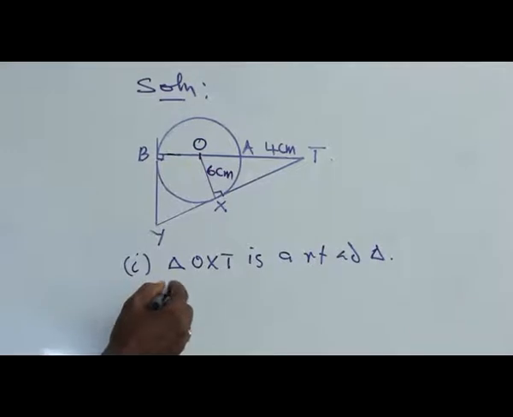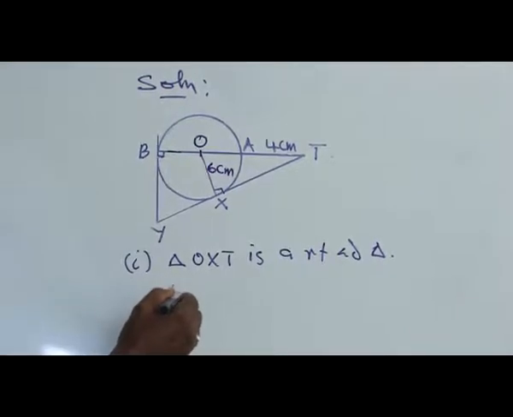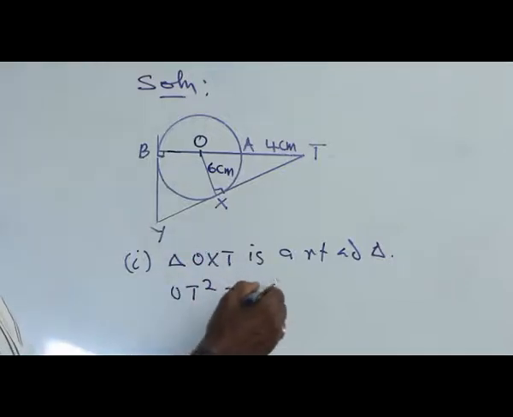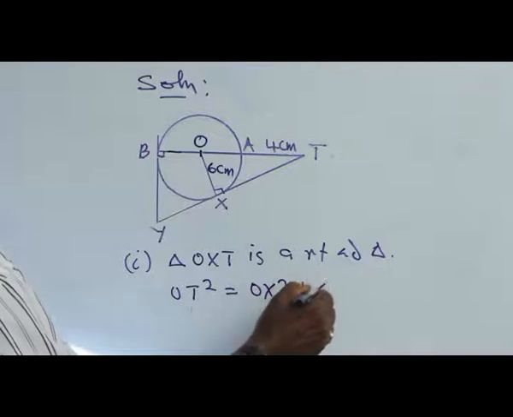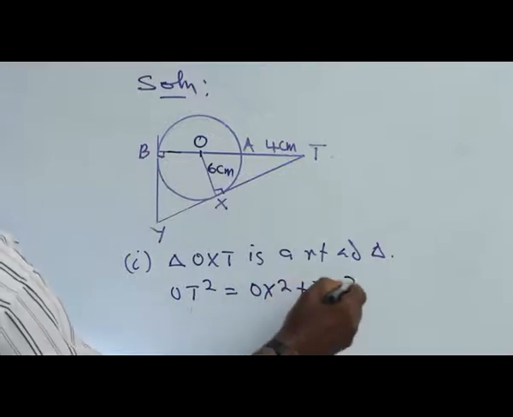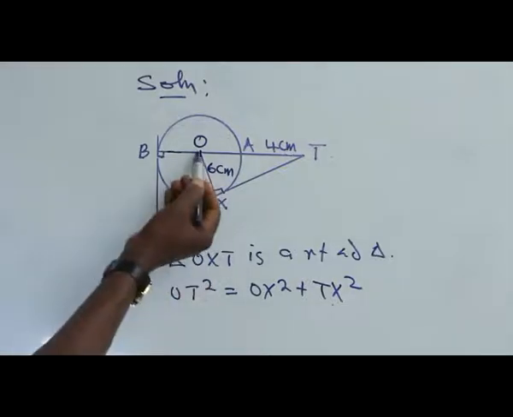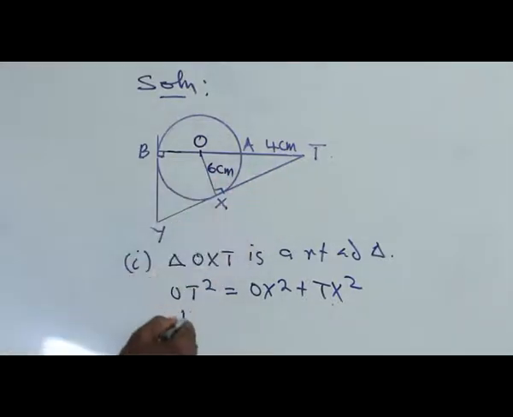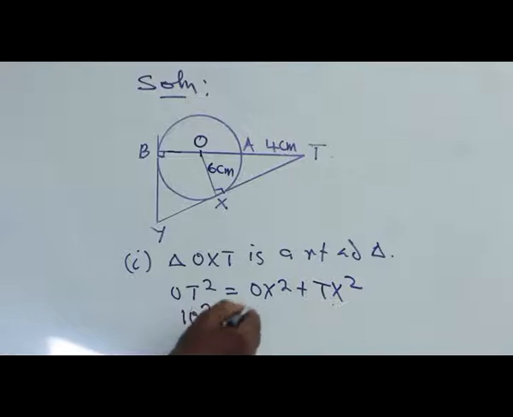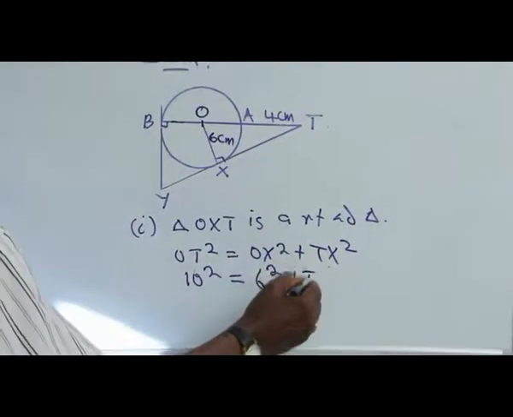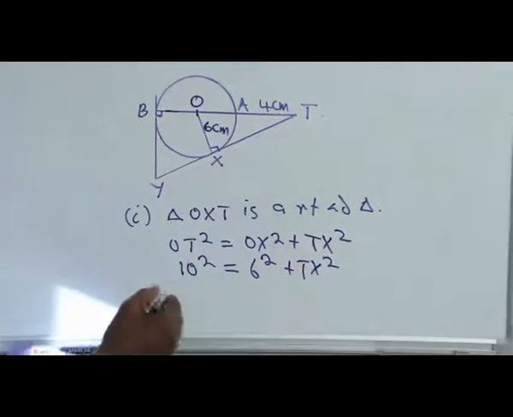Therefore, we have that our OT squared should be equal to our OS squared and then plus TS also squared. And our OT is 6 plus 4, which is 10 squared. And our OS is 6, which is 6 squared, and then plus TS squared.